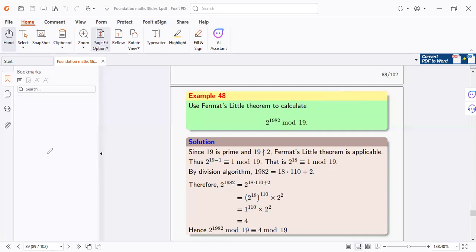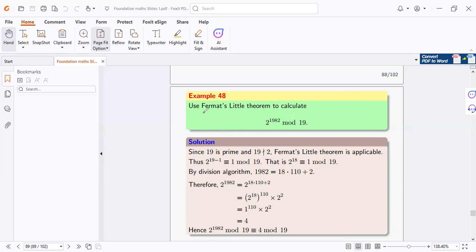Now, we had done this question earlier using the fast powering algorithm, but I also indicated that Fermat's little theorem combined with the fast powering algorithm makes this working easier.